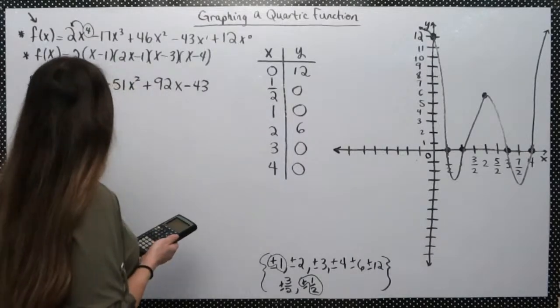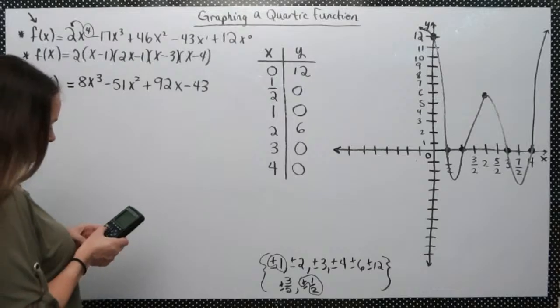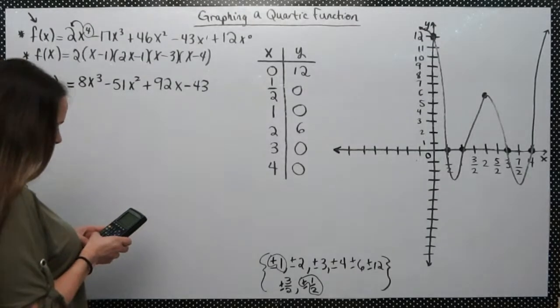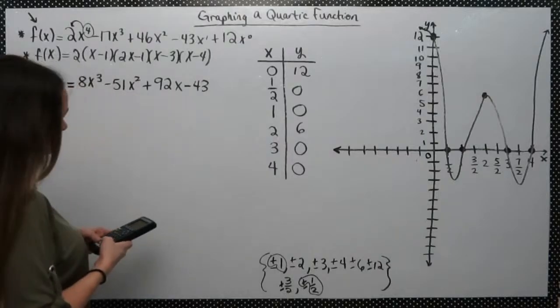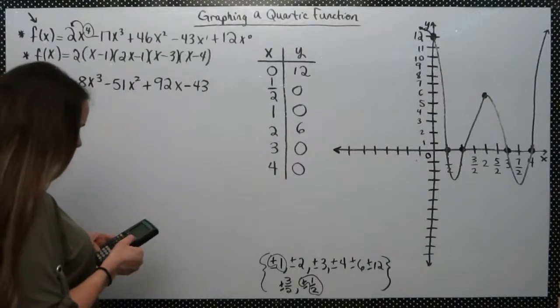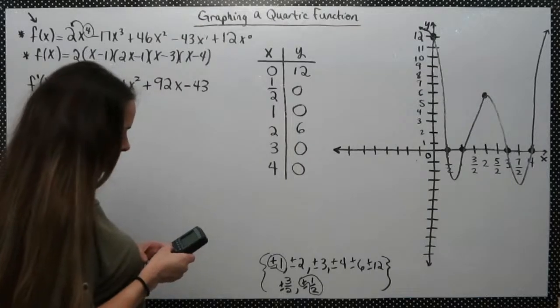All right, so we've got 8x cubed minus 51x squared plus 92x minus 43. Let's see.